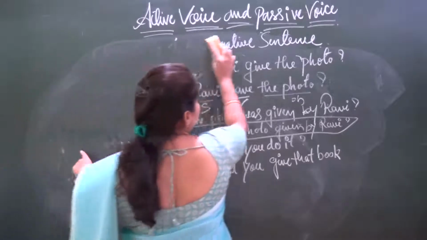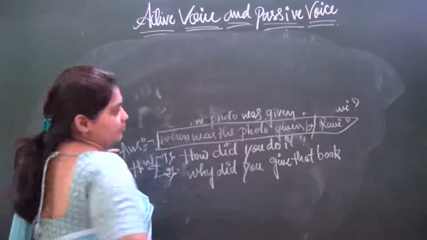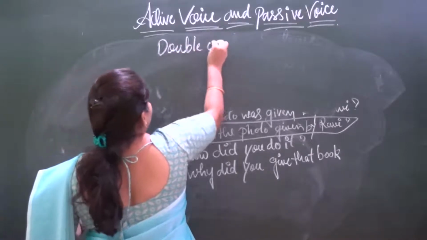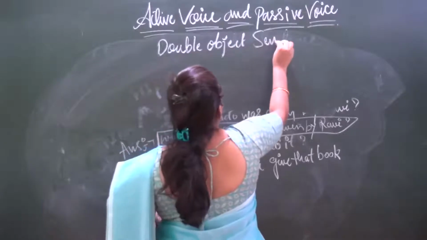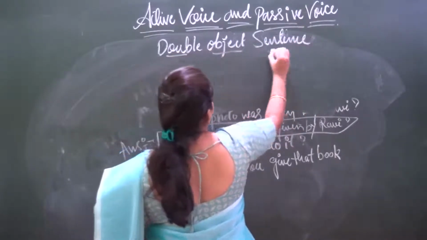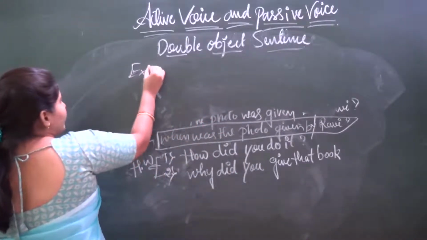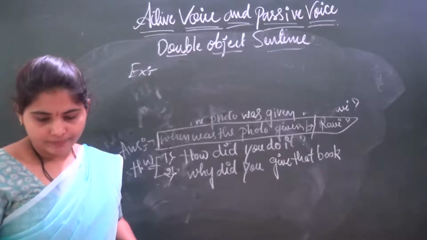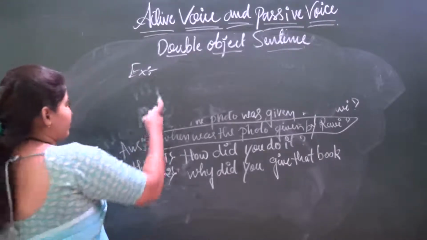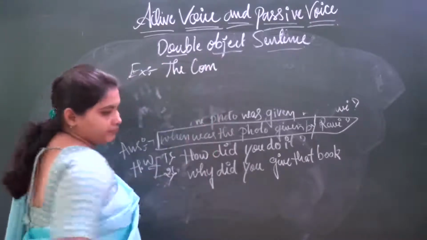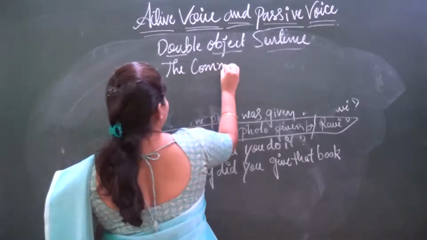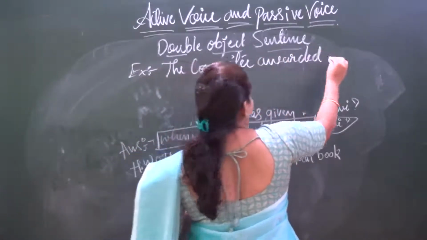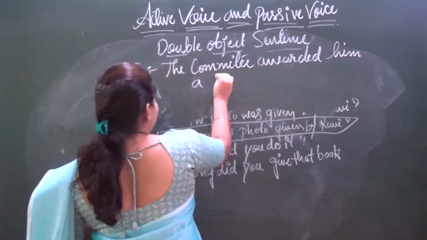Now, double object sentence. Example: The committee awarded him a scholarship.